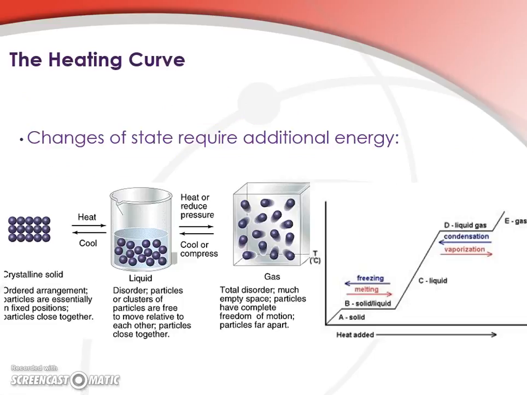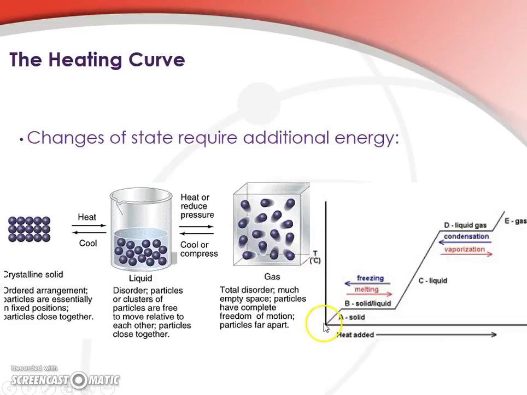So let's consider this situation where we have a change in state from crystalline solid to liquid to gas. We have a graph of the heat added on the x-axis to achieve a temperature change on the y-axis.